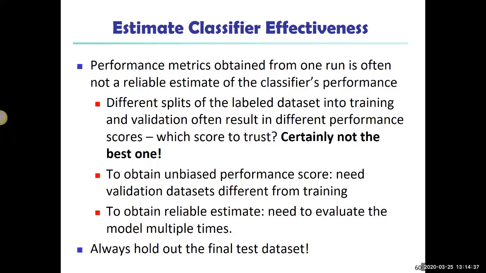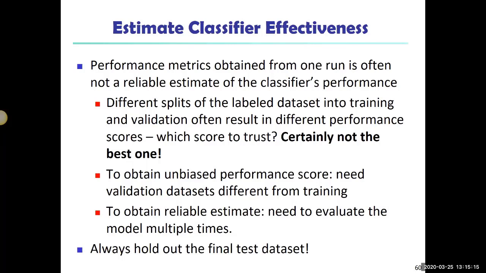Therefore, we want to do multiple experiments using different splits of training and test examples to obtain multiple scores. It's just like sampling a population to find height and predict high school student height. We cannot just pick one student and say all the high school students in the United States are 1.9 meters tall, right? So that's why we need to do multiple tests.